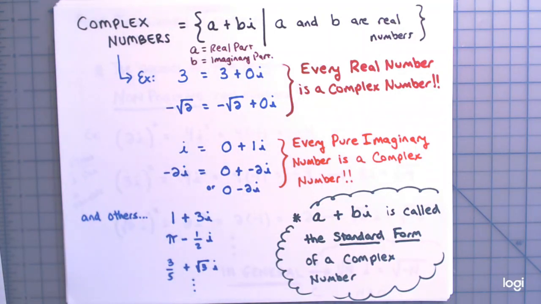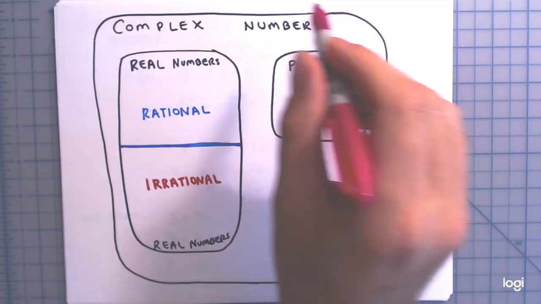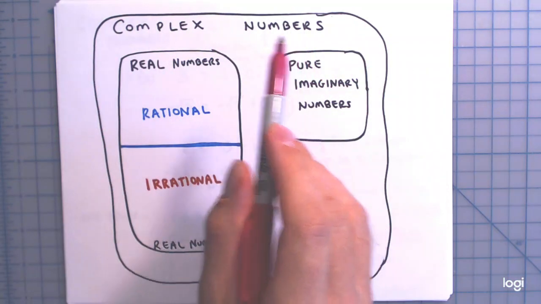All right. So that was a lot, I know. And I have one last page here for you. Just a little diagram. It's not really good looking. It's just a bunch of blobs, but kind of a Venn diagram where each shape represents a different set. Okay, so imagine this giant blob represents all complex numbers, right?